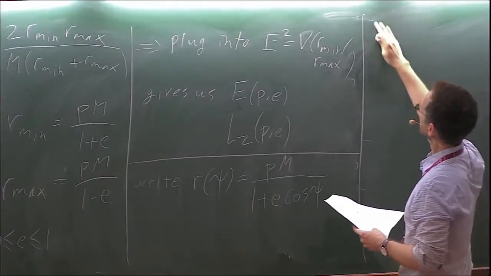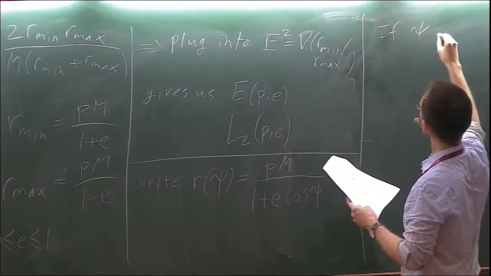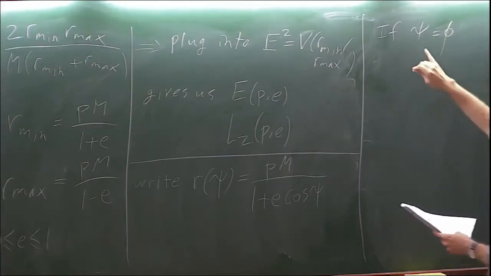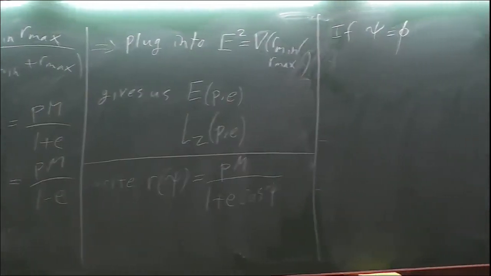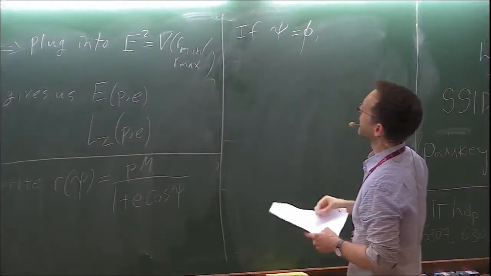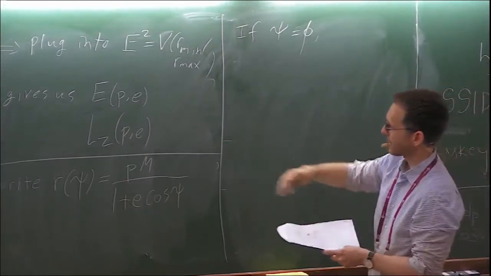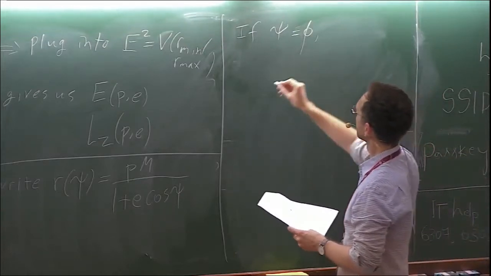So in the Keplerian case, we would actually have that psi is equal to phi. Well, modulo some details. But if psi was equal to phi, then this parameterization would just be an ordinary ellipse.